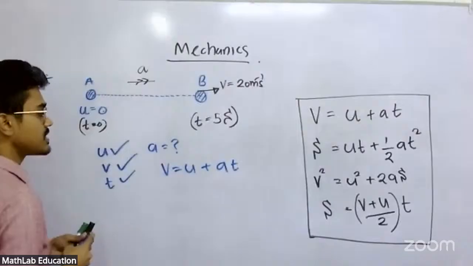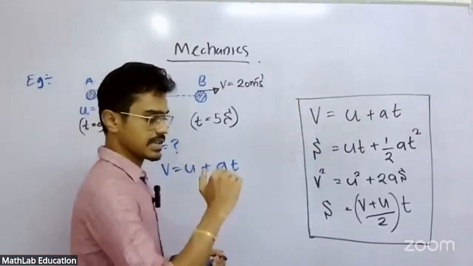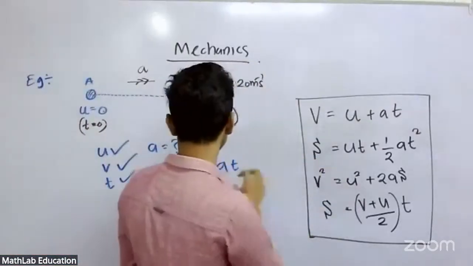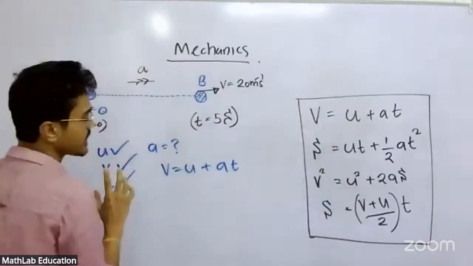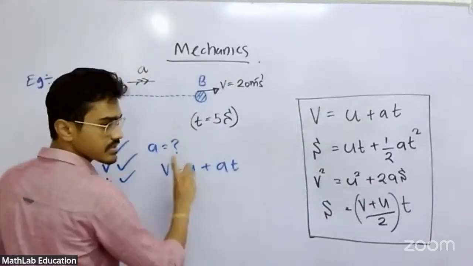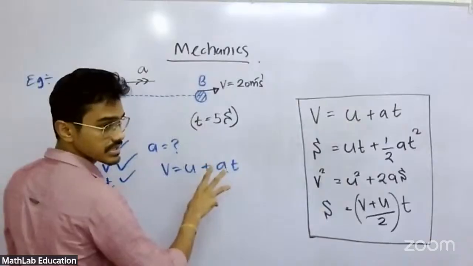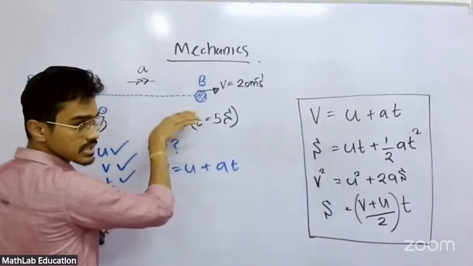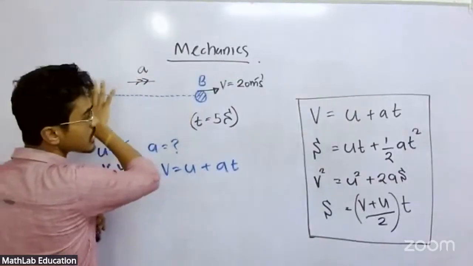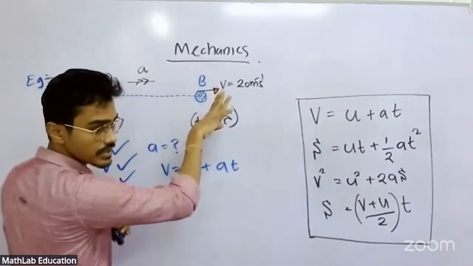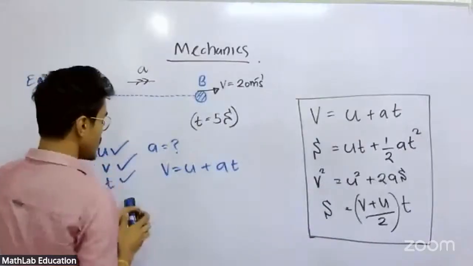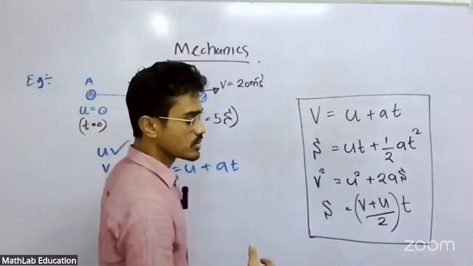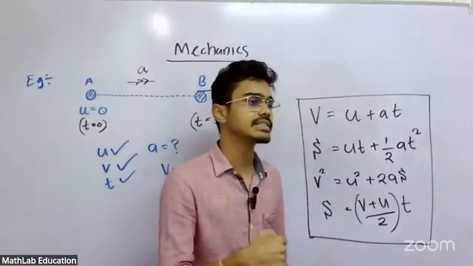Now, this is where the basic rules regarding vectors come in. Look at the board. Don't write anything. The equation is v equals u plus at. This is a vector equation. Now, if I am using this equation considering this motion, it is easy for us to consider the moving direction as the applied direction.